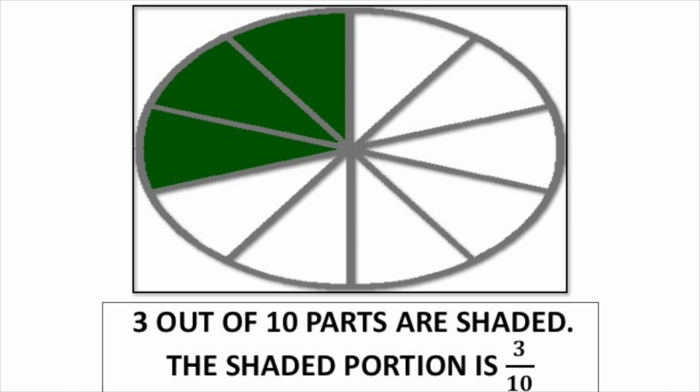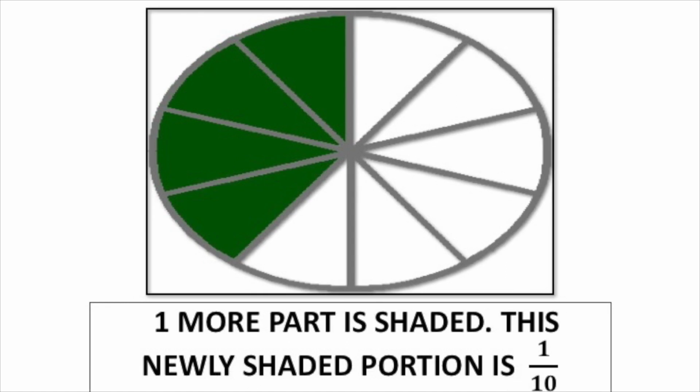Okay, so that's like any fraction that we've seen before, a proper fraction where the numerator is less than the denominator, 3 over 10. But now let's add some more parts. 1 more part is shaded. This newly shaded part or portion is 1 over 10.